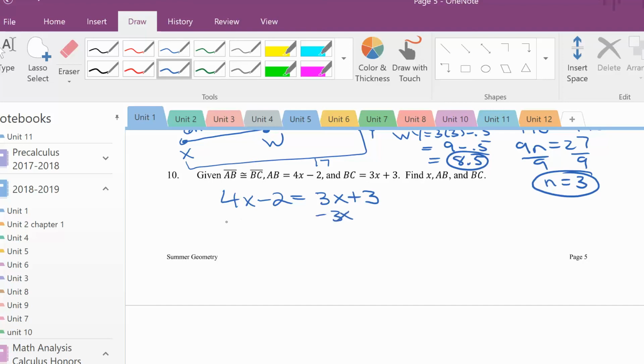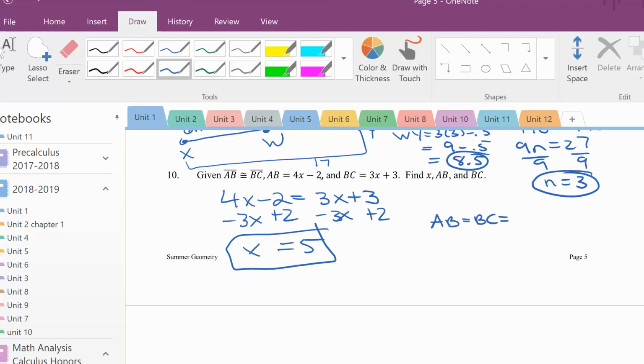So we subtract the 3x. So we get x, we add the 2. So we get x equals 5. And then, since AB is equal to BC, we'll just put the 5 into one of the equations. So 4 times 5 minus 2, that equals 18. So that means both of them are equal to 18.